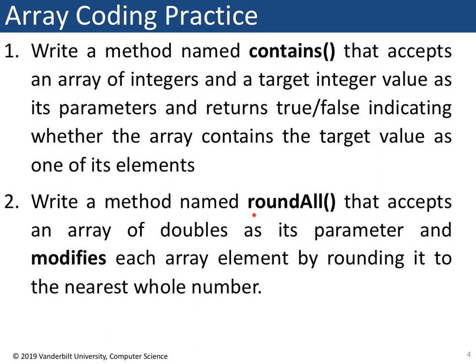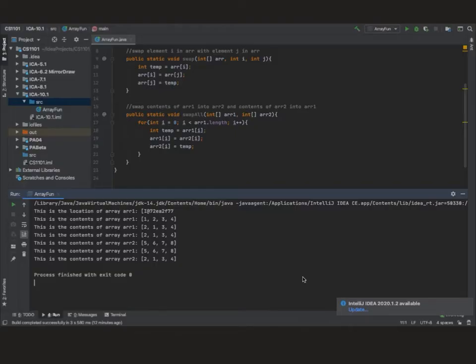So round all, we won't have to return anything. It'll be a void method because we're going to be affecting the actual object passed in. Contains will have to return a Boolean value. So let's code these.